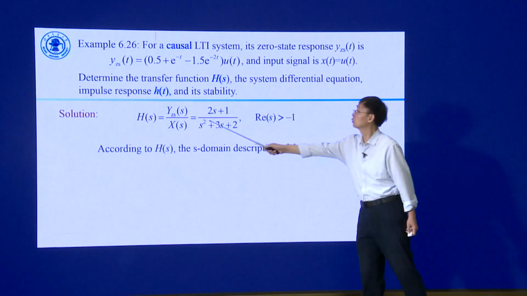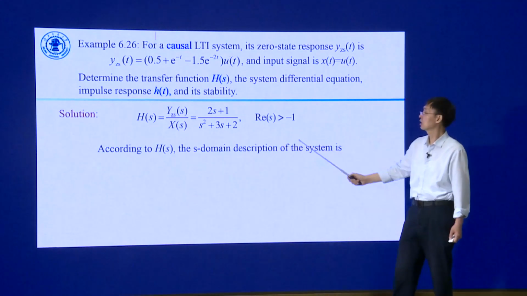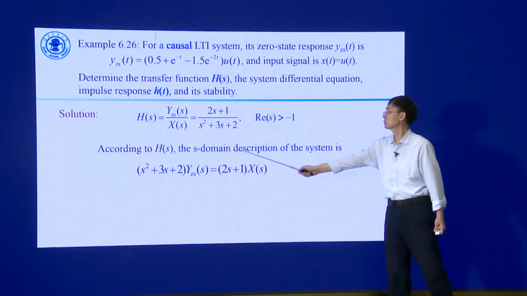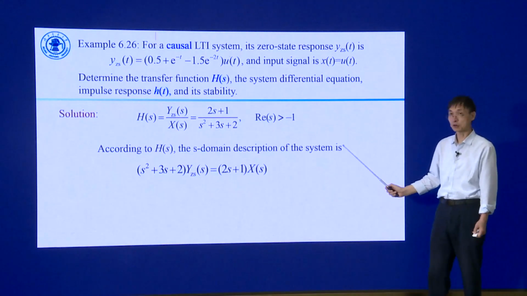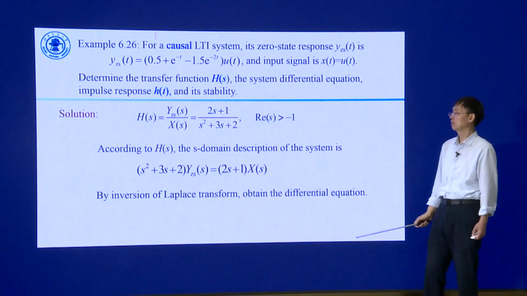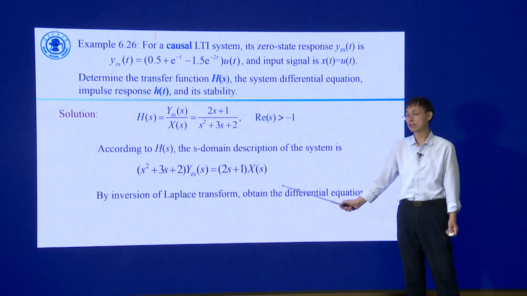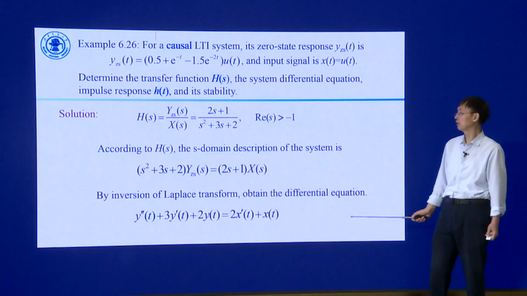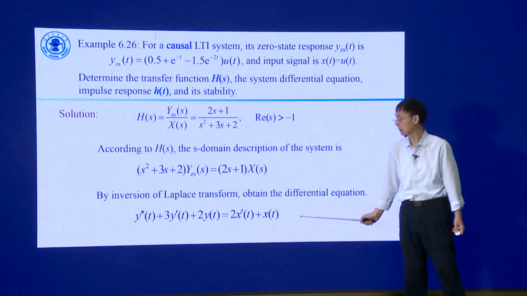According to the transfer function H(s), we can get the S-domain description of the system. By inverse Laplace transform, we can get the differential equation for this system in the time domain.